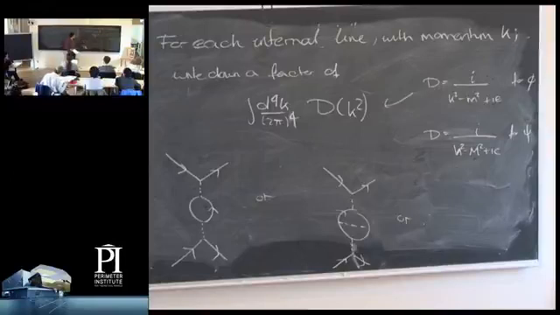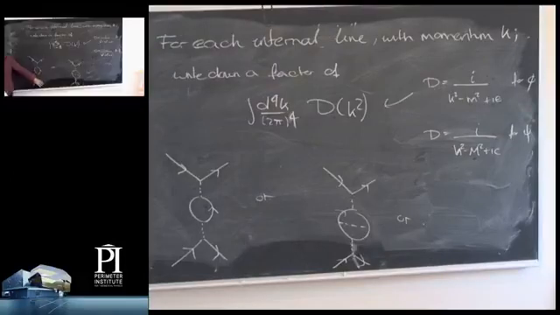The external lines I also label by the momentum of the particle, and the internal lines I give an arbitrary momentum, because ultimately I'm going to integrate over all possible momenta of those internal lines. Both have momenta associated to them, but you integrate over all possible momenta for the internal lines, whereas for the external ones you know what the momenta are, that's what your detectors measure.